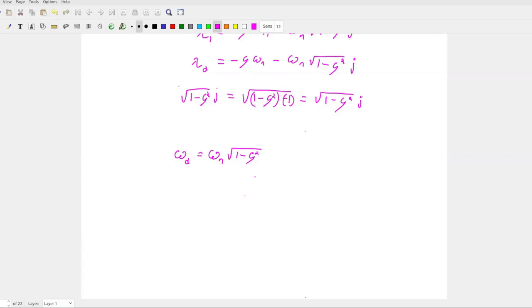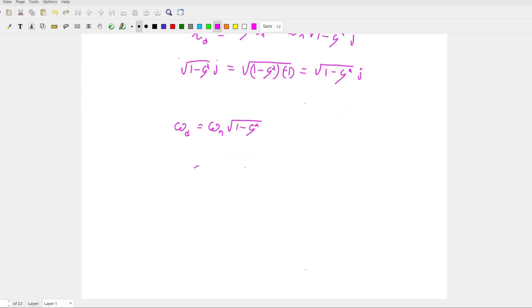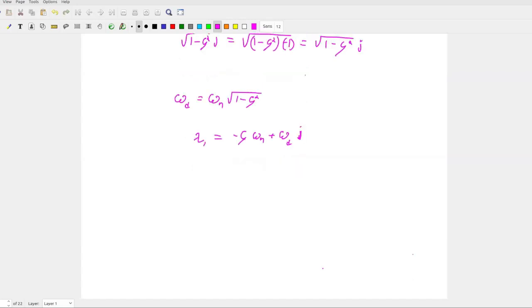And if we do that, we get lambda 1 is equal to negative zeta omega n, where omega n is the natural frequency of our system, plus omega d j, where omega d is the frequency that our damped system oscillates at, and omega n is the frequency that our undamped system oscillates at.